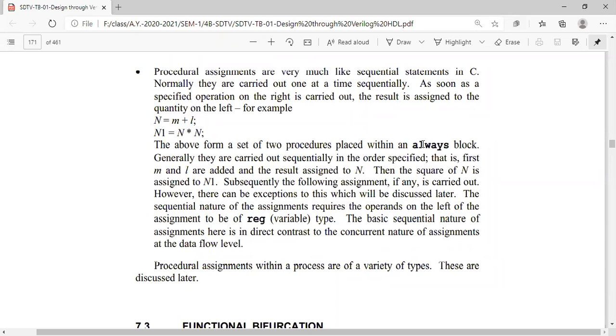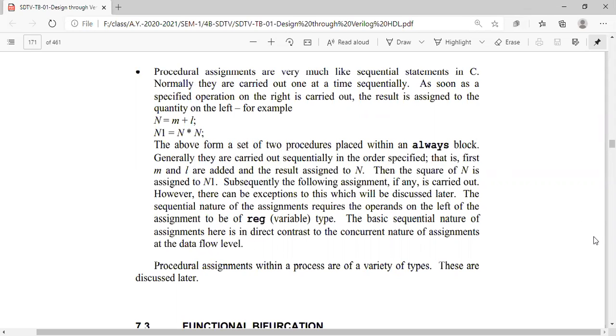So what is the process in VHDL is now the always block. What is present in the always block will be executed in sequence. The above form a set of two procedures placed within the always block. Generally they are carried out sequentially in the order specified.